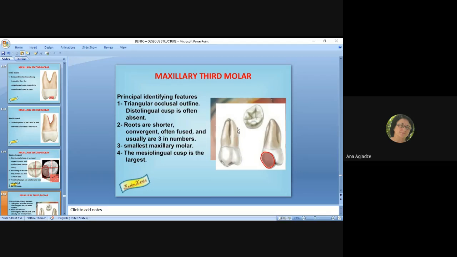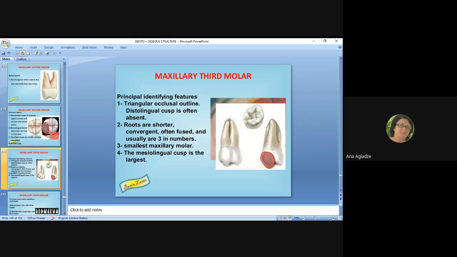Roots are shorter, convergent, often fused, usually three in number. It is the smallest maxillary molar, the mesiolingual cusp is the largest, and it is very often impacted or unerupted, so it is thought to be a vestigial or rudimentary tooth.